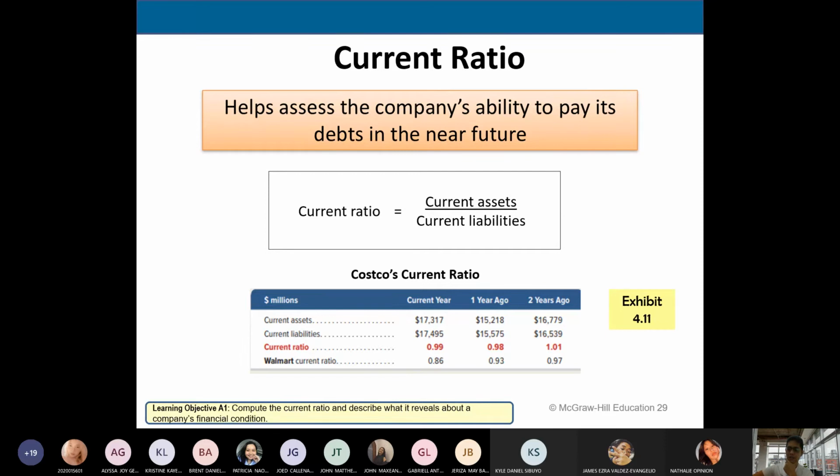Pag less than 1, ibig sabihin kulang yung current assets niya para bayaran yung buong obligation niya pertaining to the current liabilities. Okay? So as a general rule, pag 1 or more than 1 ang current ratio mo, it means maganda or mababayaran ng company yung current obligations niya.